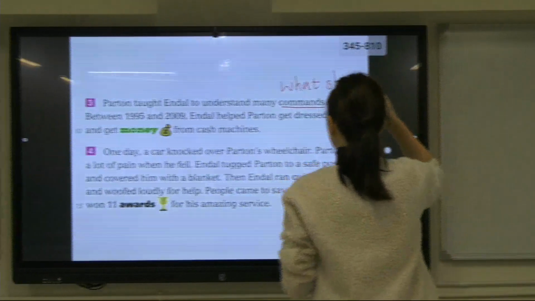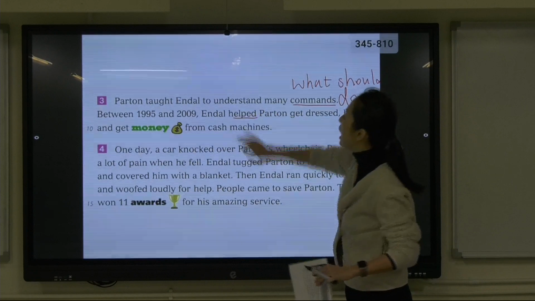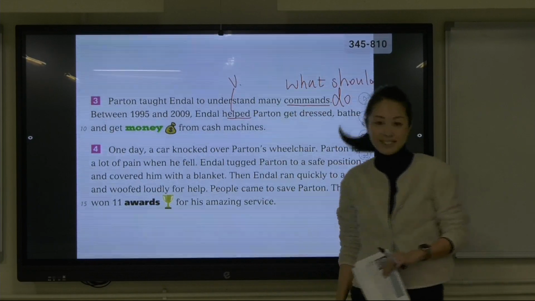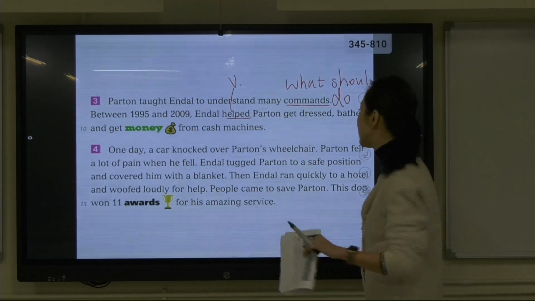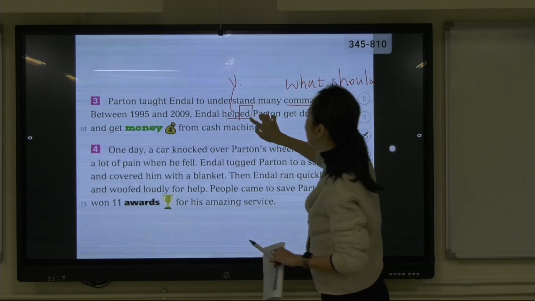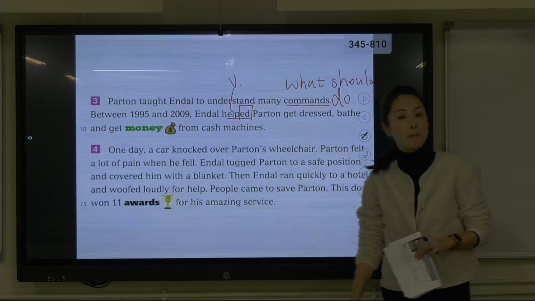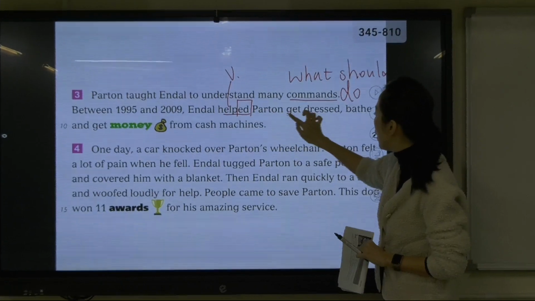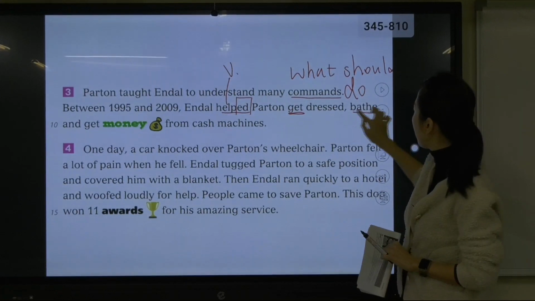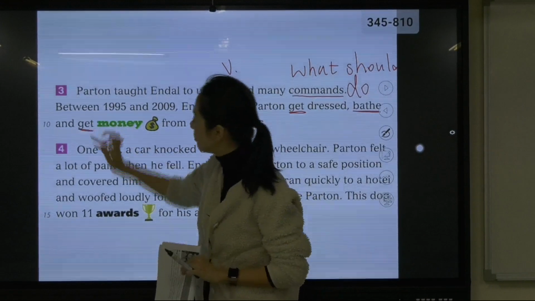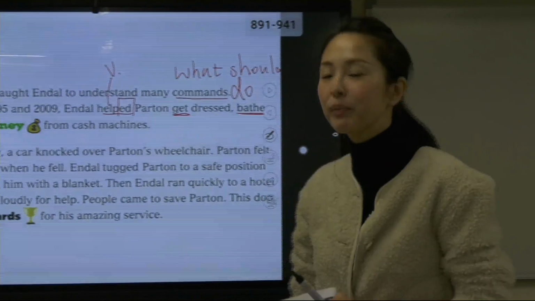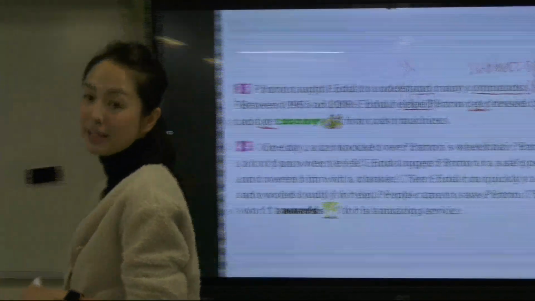Okay, let's look at this word. Helped is the verb of the sentence, right? So we plus ed because it is simple past tense. But if we look at the verbs after help, get, bathe, get, do we use simple past tense? No, right? We don't plus ed.